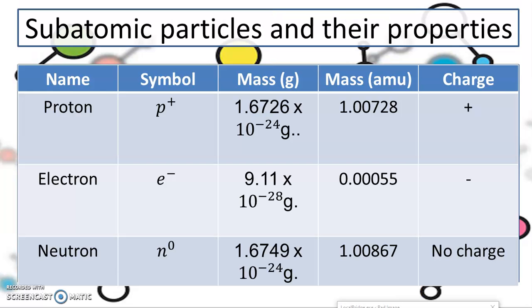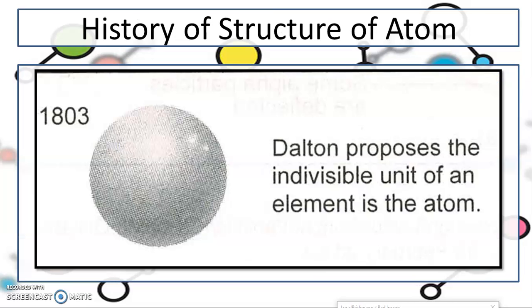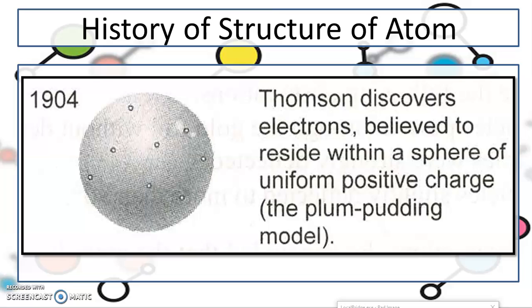Again, this is the table, or the summary, of subatomic particles and their properties. And now we move to the history of the structure of the atom. First, Dalton proposed that the indivisible unit of an element is the atom. Second is Thomson, who discovered the electron. He believed that electrons reside within a sphere of uniform positive charge. This model is called the plum pudding model.